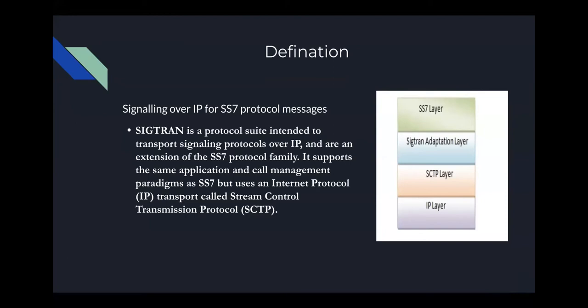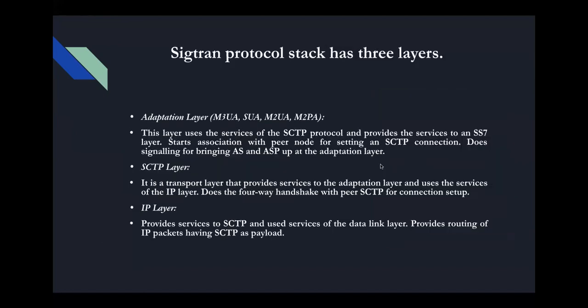The lowest layer in SIGTRAN is the IP layer. It is responsible for most of the routing, the voice over IP. SIGTRAN has three layers: the adaptation layer, which includes M3UA, SUA, M2UA, the M2 user adaptation, and M2PA.